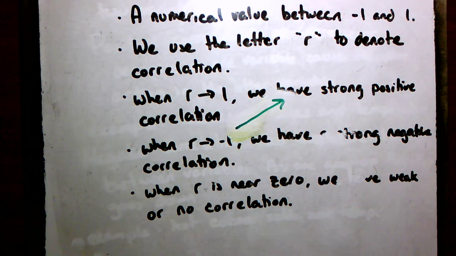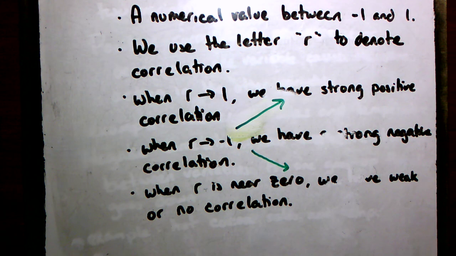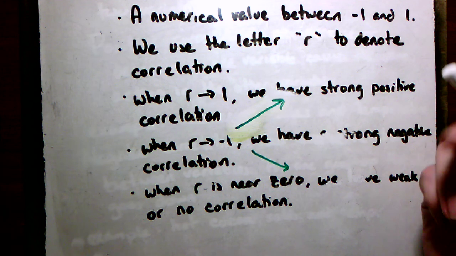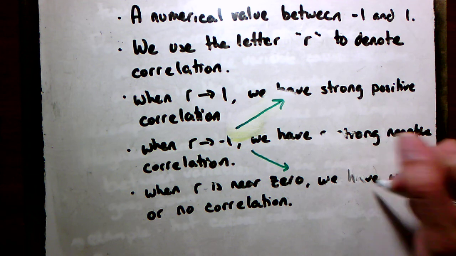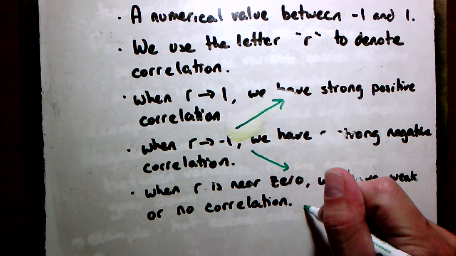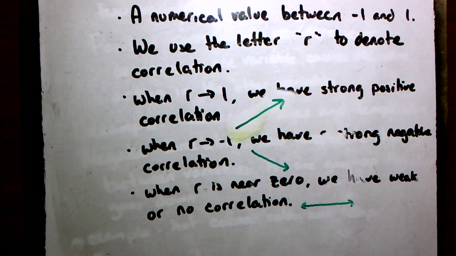When R is -1, then we have this decrease, a slope that's negative. And when R is 0, this is when we have this weak or no correlation at all. Maybe a line that's just kind of going straight across with no slope at all. These are our properties for correlation.